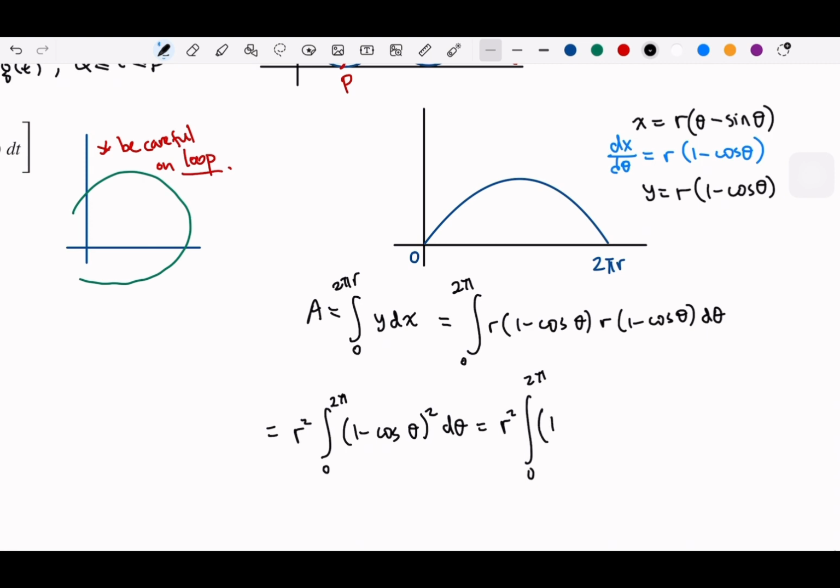So this will be 1 minus 2 cosine theta plus cosine squared theta d theta. Now remember, this is something that might appear a lot.